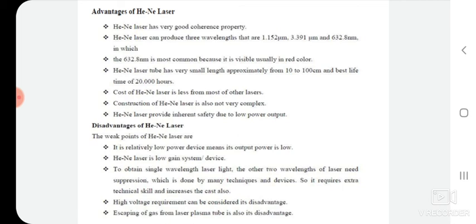The construction of He-Ne laser is also not very complex as compared to the others. He-Ne laser provides inherent safety due to low power output.